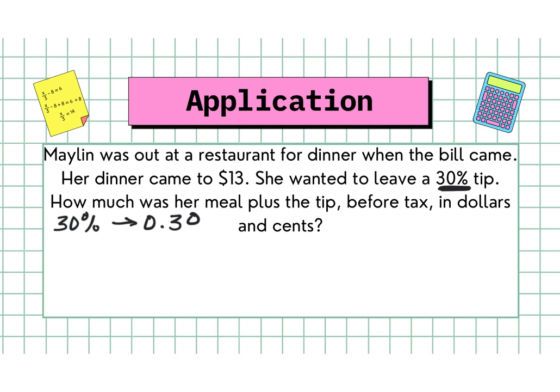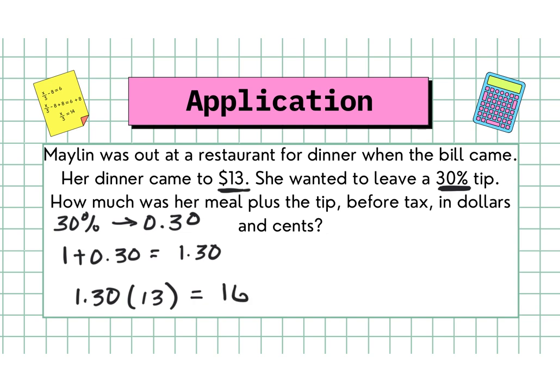So I'm going to go back to what I did in the percent increase video, which is 1 plus 0.30, which is 1.30. And I'm going to multiply that by the original amount of $13. So 1.30 times $13, which would give me a total of 16.9 if I use my calculator.